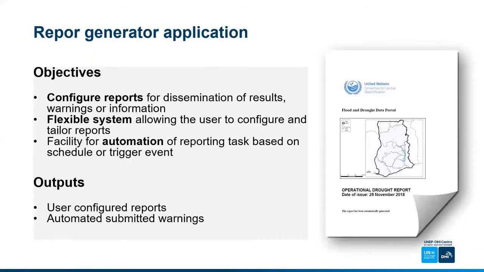One last key functionality of the portal is a report generator application that allows a user to configure a report that is then automatically generated by the system on a regular basis and that includes the latest information of the portal. This allows you to get an overview of the situation in the selected area without having to go into the portal and check all the data sets.